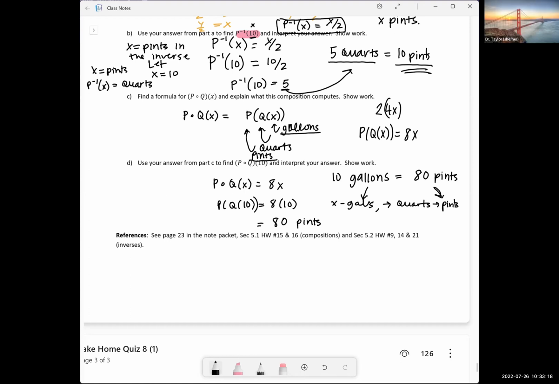That is exactly how you do it. You just did it in 2 steps. So remember, P of Q of X, that means Q of X is 4 times X. And then P of X will be 2 times that. So you do 4 times 10, you get 40. Then you plug that in and do 2 times 40 and you get 80. That's the same thing we just did. Okay, it's the same thing. Exactly the same thing.